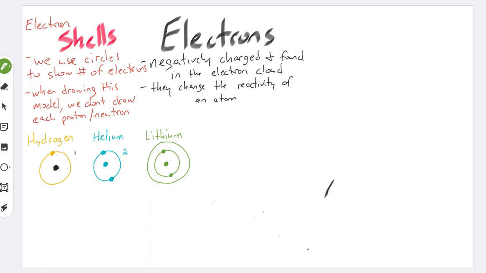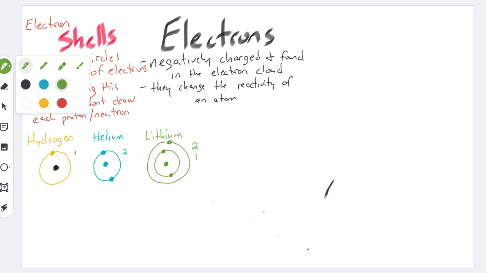We run into a problem we'll discuss in just a second: the inner circle, the first inner shell, can only hold 2 electrons. So once it's full of those 2, the electrons now have to start occupying another space outside, and that's the second one. So the first circle has 2, the next one has 1. And we know that there's 3 electrons here.